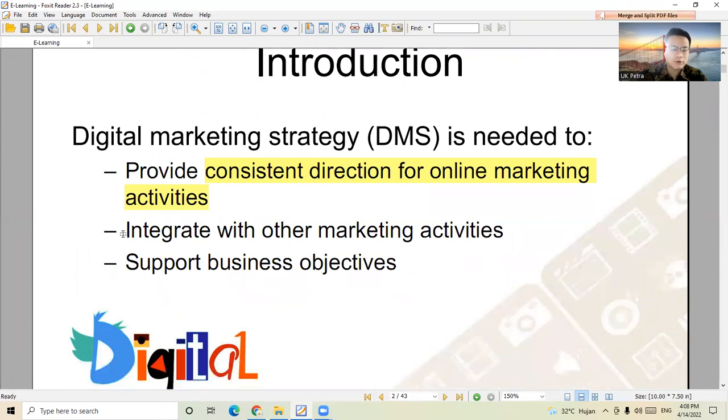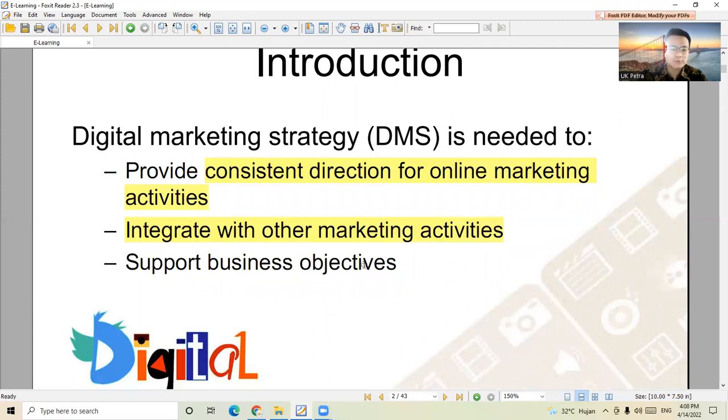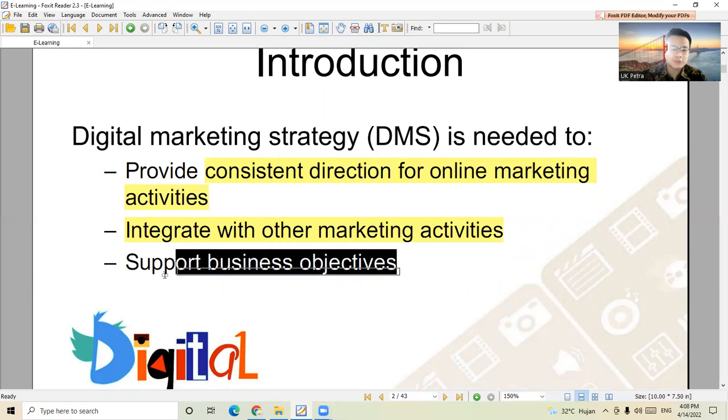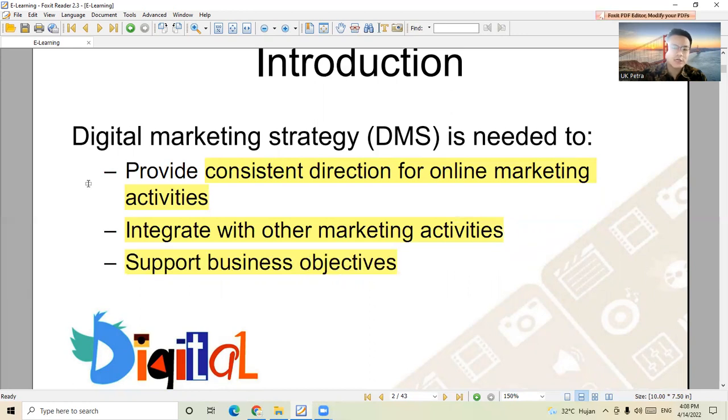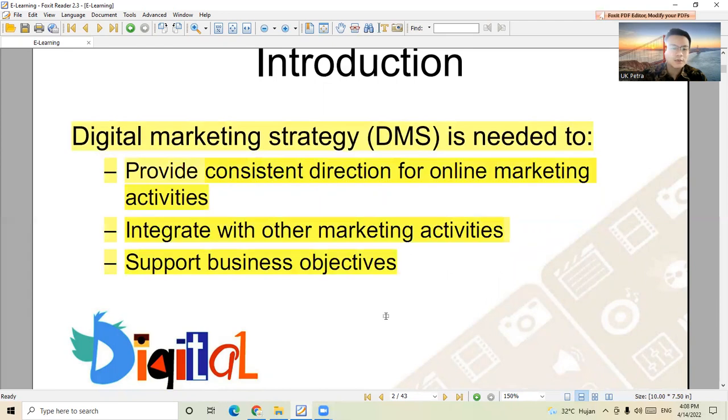The second is to integrate with other marketing activities. And the third is to support business objectives. So these are the three benefits of having a digital marketing strategy.